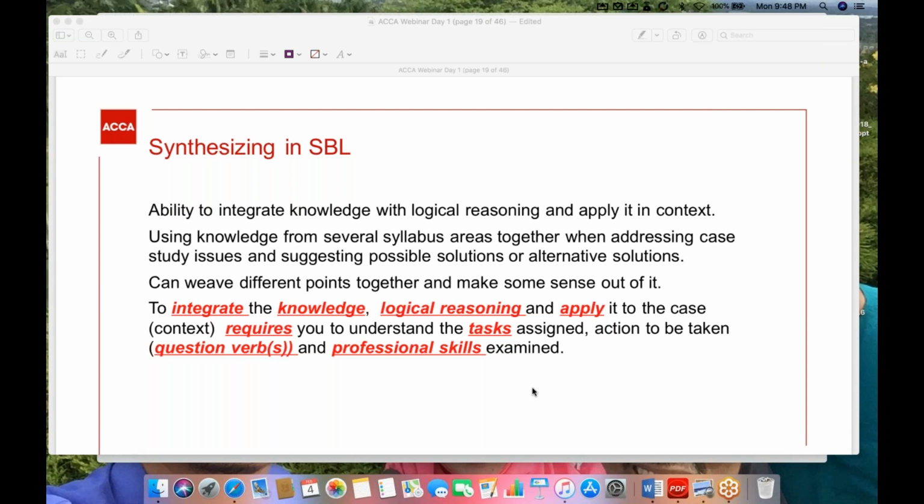You need to look at the ones that are relevant to your case study. Perhaps later on, once we go through our September 2018 questions, you'll be able to see what I meant.